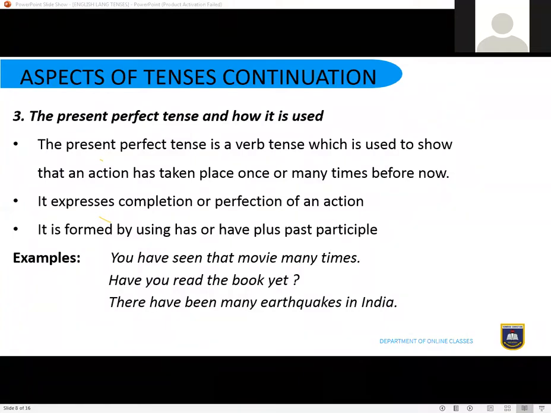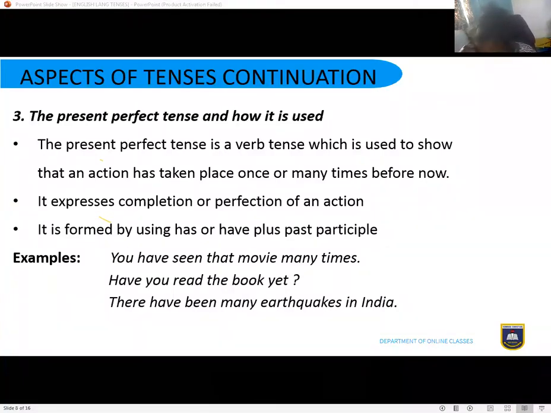There have been many earthquakes in India. No, it is there. There. So, Bansa, please take note of that.